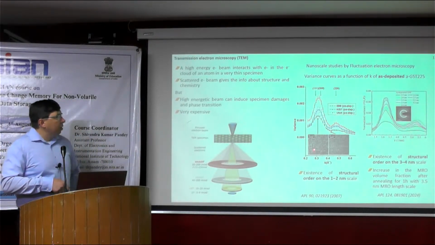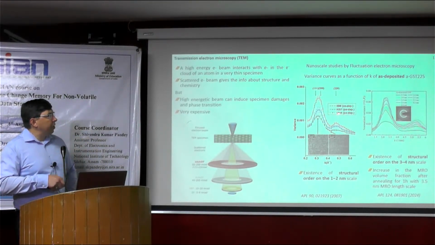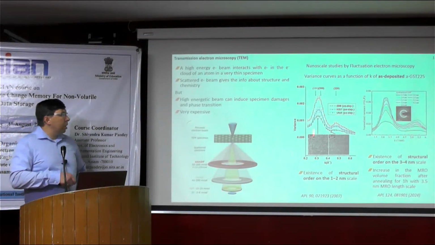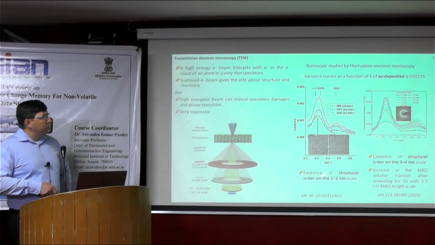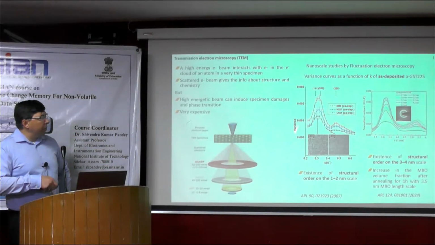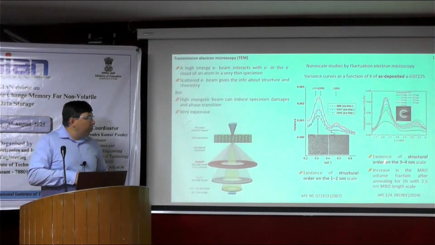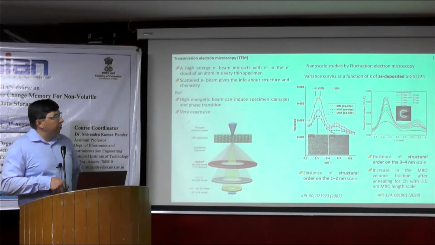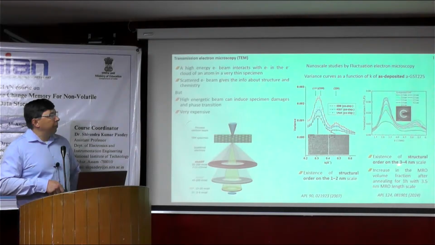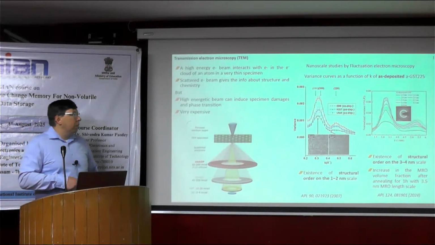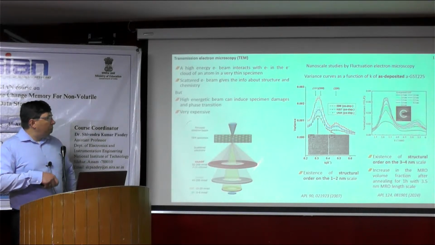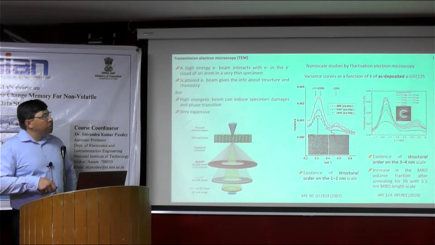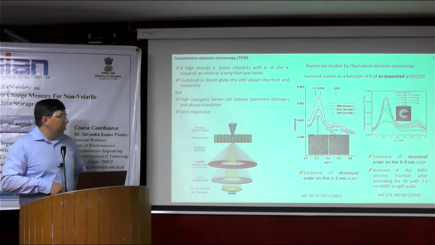These are three samples from different groups, as deposited. They were studied in one setup, and they showed the existence of order on the 1 to 2 nanometer scale. But in our group, in our publication, they found structural order on a 3 to 4 nanometer scale. So one method, but two different results.